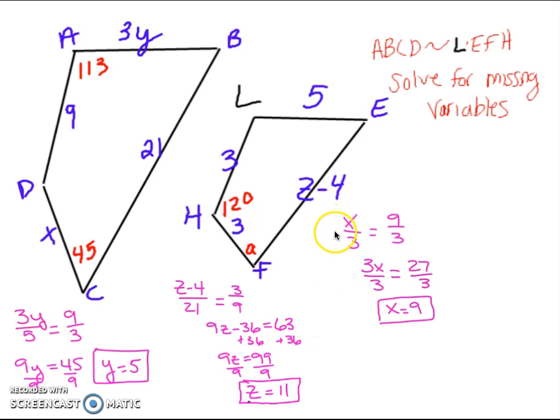And for the last one, our x value, we said x divided by 3 equals 9 divided by 3, and that should have given you 9. So your x value should be equal to 9. Hopefully you got the same answers.